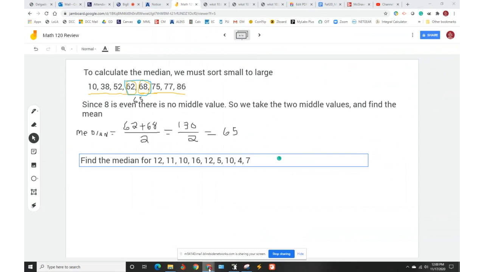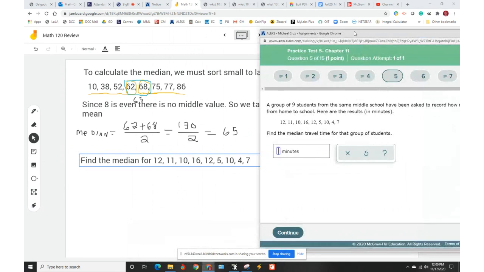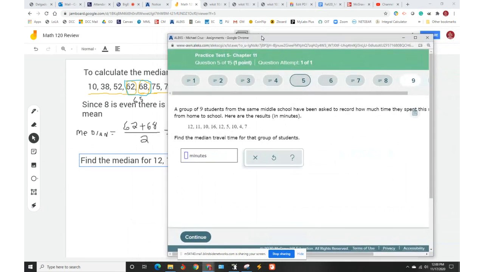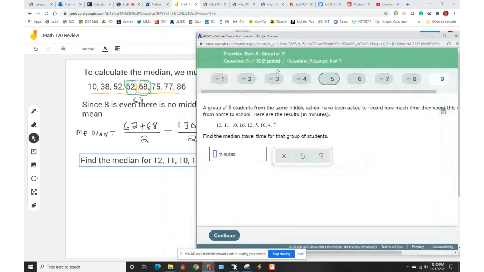And then we're going to have to do the same thing. We're going to have to sort. Now, the thing that's different here, I believe, is we got an odd number. So this one's going to be a bit easier.